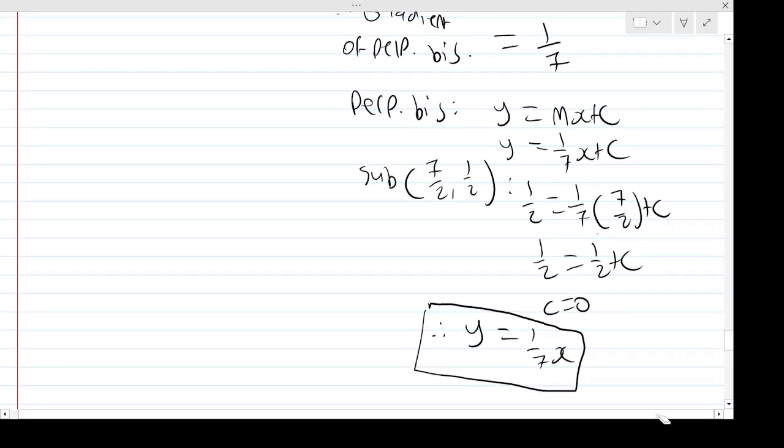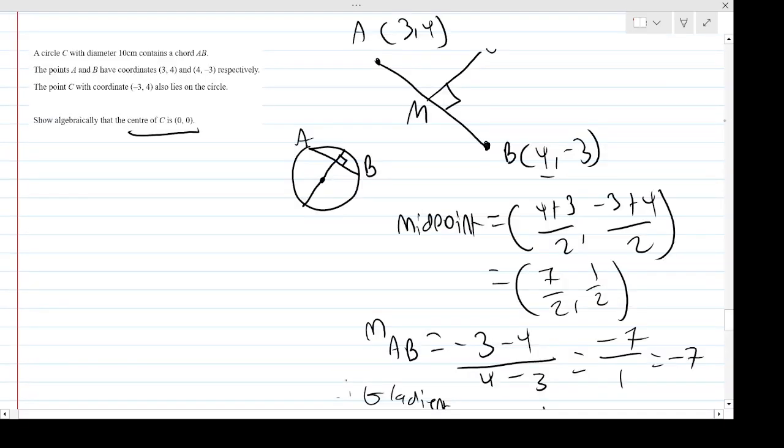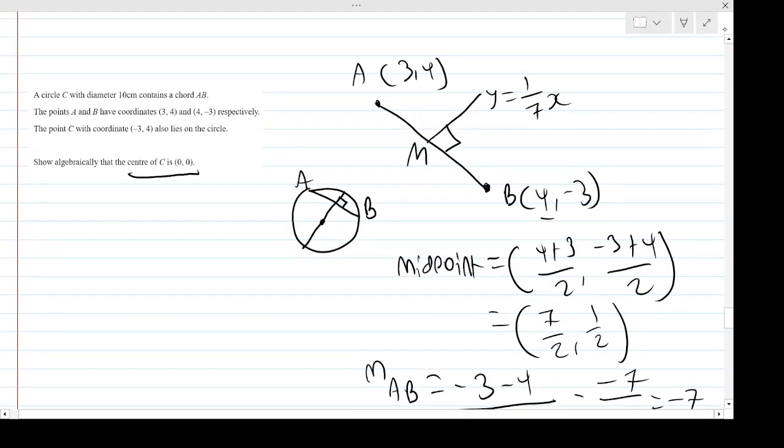Okay, so I found the equation of the bisector. That should surely help us. Right, so I'll write that here: y is 1/7 x. Now, as we discussed, this perpendicular bisector must pass through the centre.